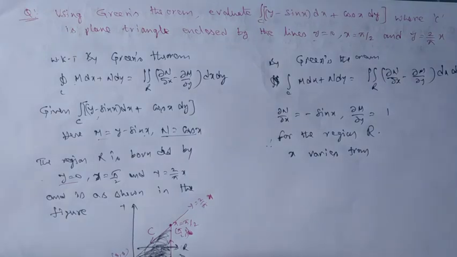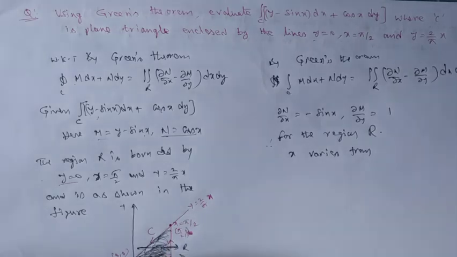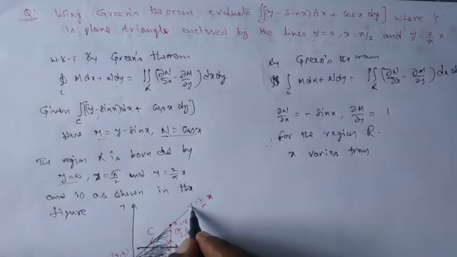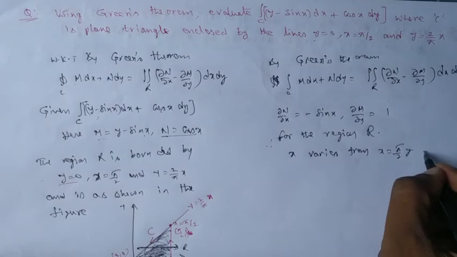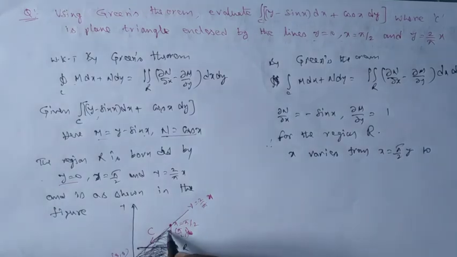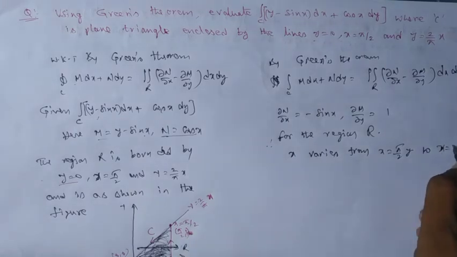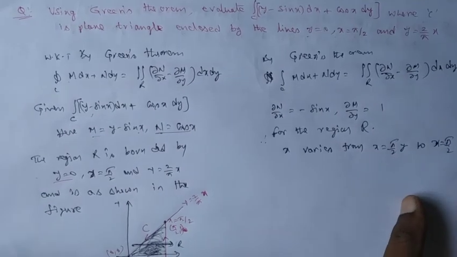Once you draw a line like this, we are entering the region by this line, so the lower limit is obtained by this curve equation. If you take y equal to 2 by pi into x, then x will be pi by 2 times y. We are leaving the region by this line, so this line equation is x equal to pi by 2. This is the lower limit and upper limit of the integration.